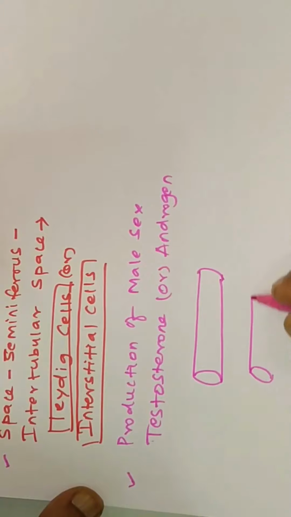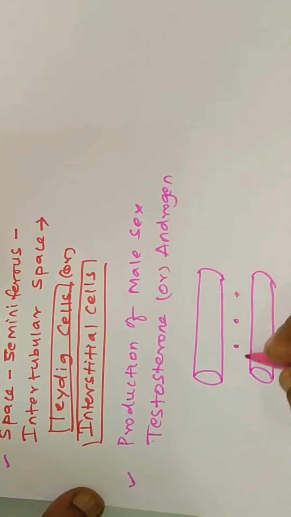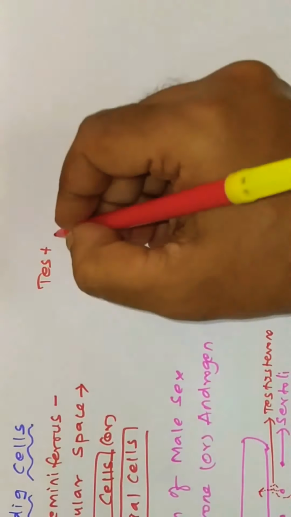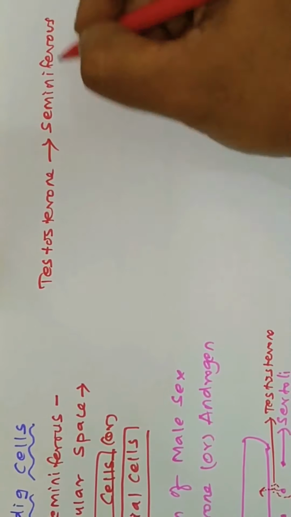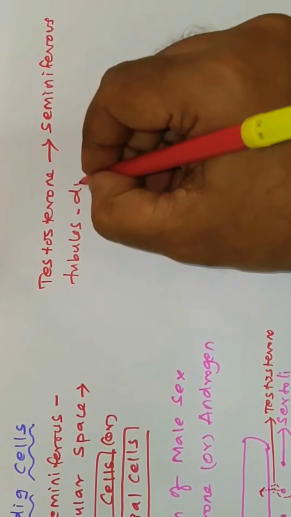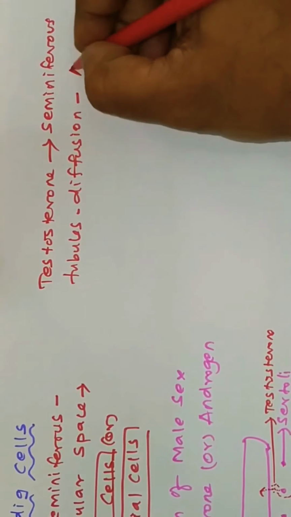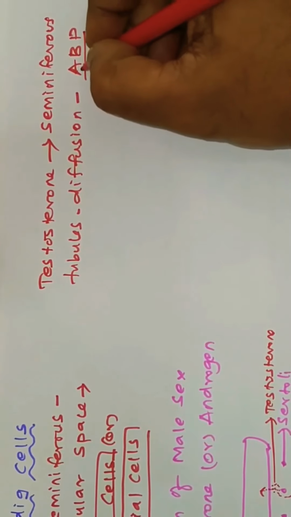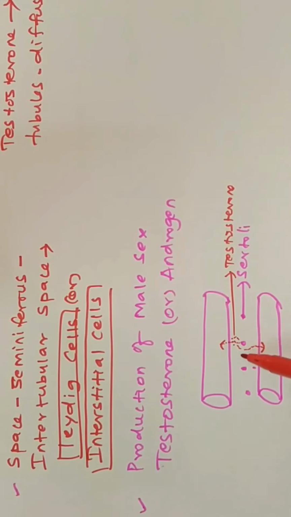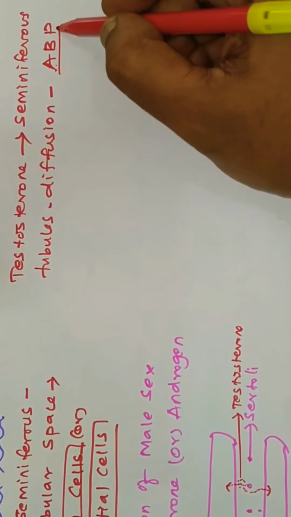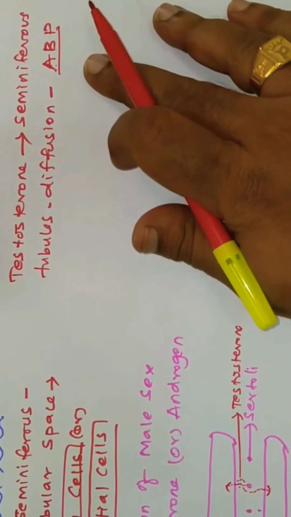This is one seminiferous tubule. This is another seminiferous tubule. In the space between them, the testosterone enters inside the seminiferous tubules by diffusion with the help of ABP, antigen binding protein, which I already explained. See here, testosterone is produced in the interstitial space between the two seminiferous tubules. Slowly it enters inside the seminiferous tubules by diffusion with the help of antigen binding protein, which is secreted by Sertoli cells.